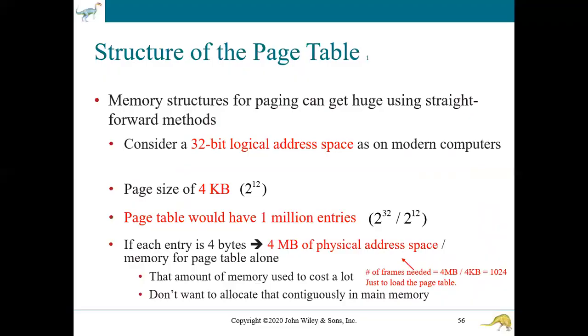So 2 to the power of 32, the address space will be, not address space, right? Address space is the memory space size, that is 4 megabyte or gigabyte. This is gigabyte, no? 4 gigabyte is the page table. And the memory for the page table alone is what?